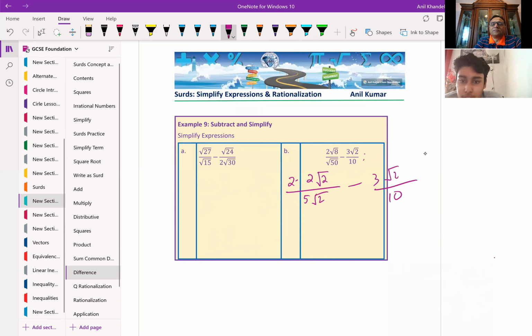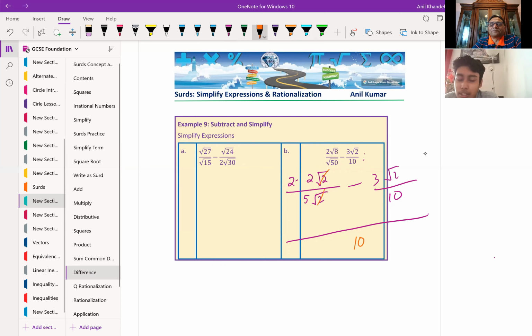So that would just be 2 multiplied by 2 square root 2 divided by 5 square root 2. So wouldn't that just be 4 by 5 on one side? Yes. Subtracted by 3 square root 2 over 10. 10 is the common denominator, yeah?